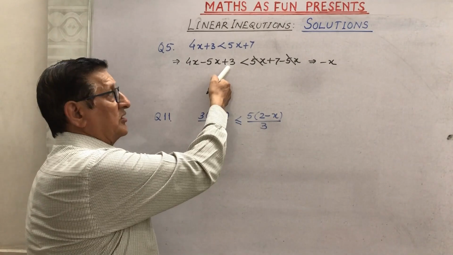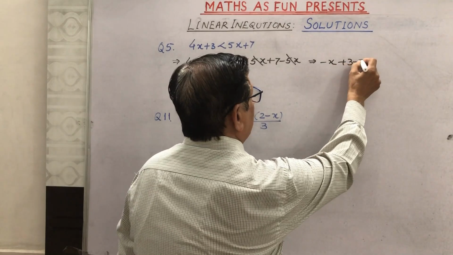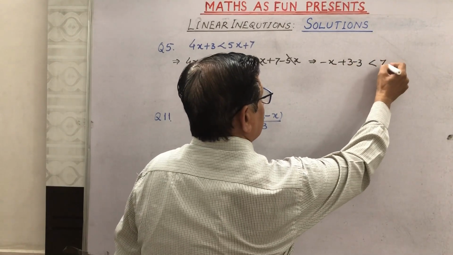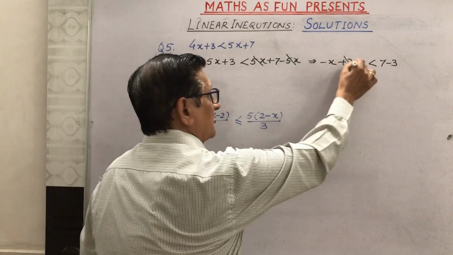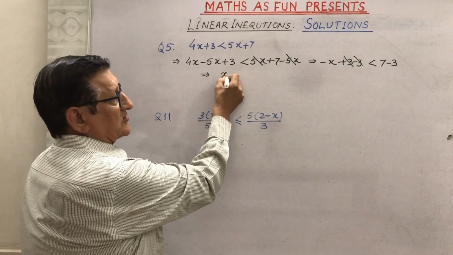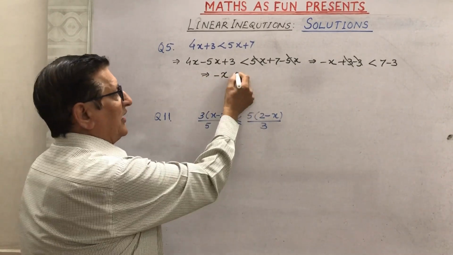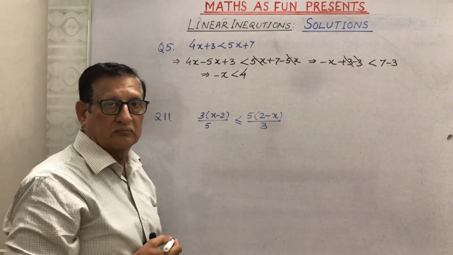Now to eliminate this 3, we subtract 3 from both sides: +3 - 3 < 7 - 3. The 3 and 3 also cancel. We get -x < 7 - 3, which is 4.